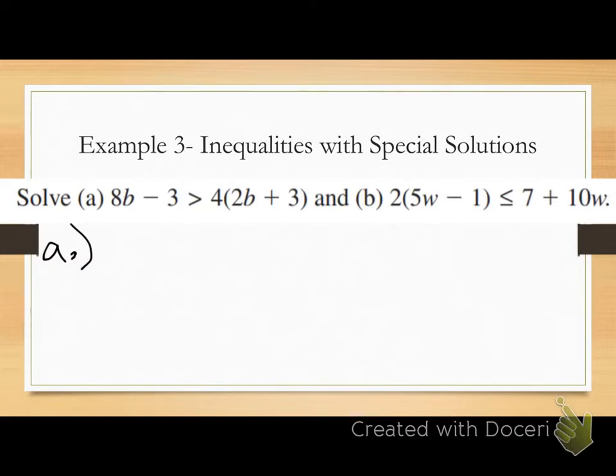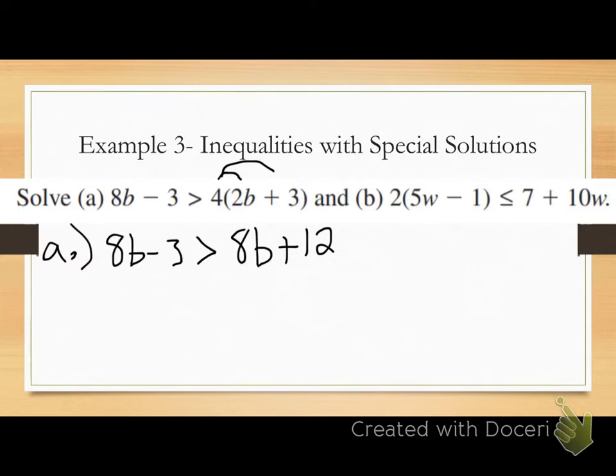Is the left side of my inequality able to be simplified at all? Combine like terms, distributive property, anything like that? No. But on the right, we said we could do distributive property. Four times 2b is 8b. 4 times 3 is 12.